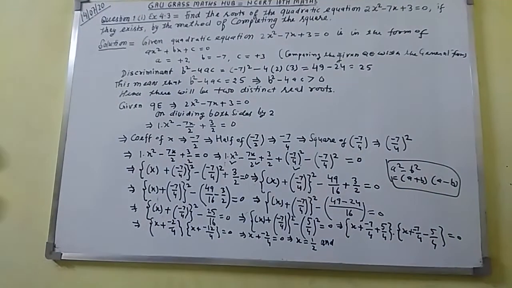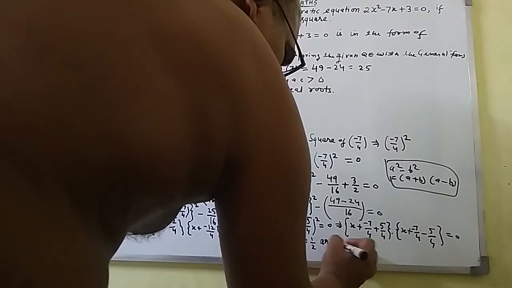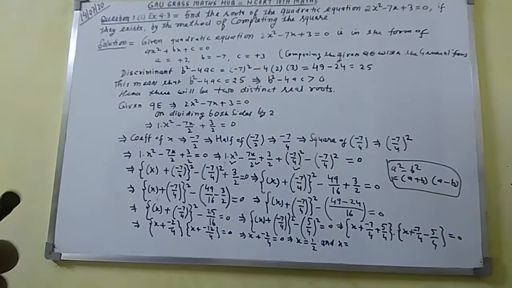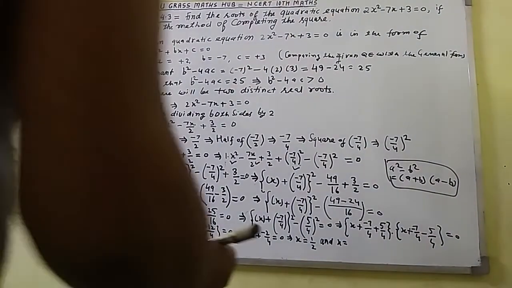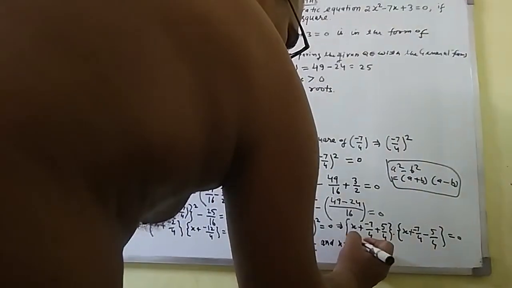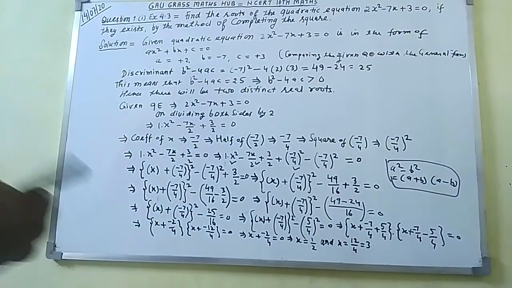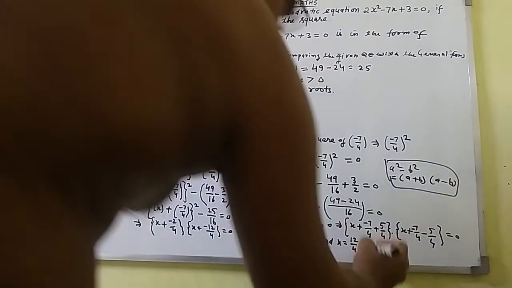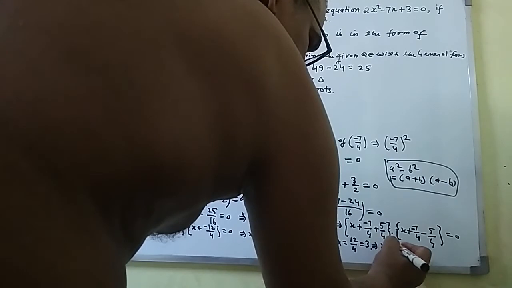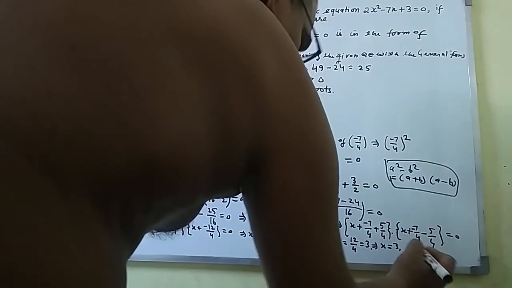Next step: x equal to 12 by 4, so you will get 3. And now the value of x implies that x equal to 3 and x equal to 1 over 2.